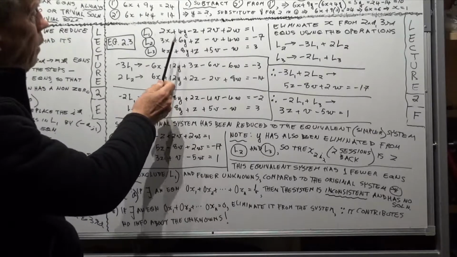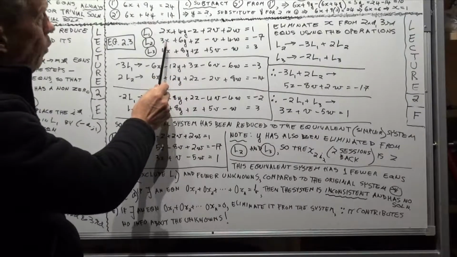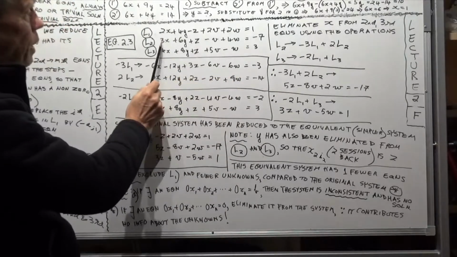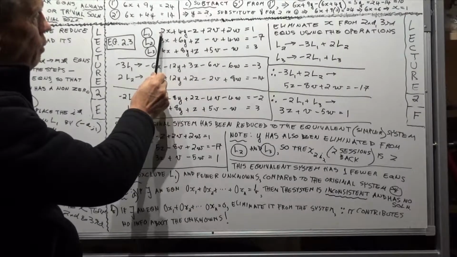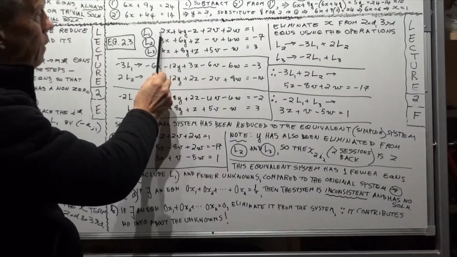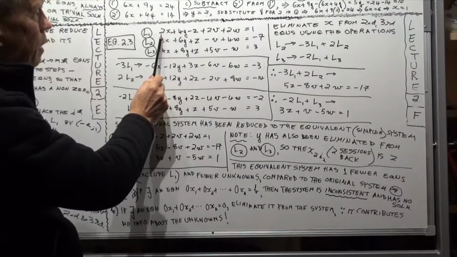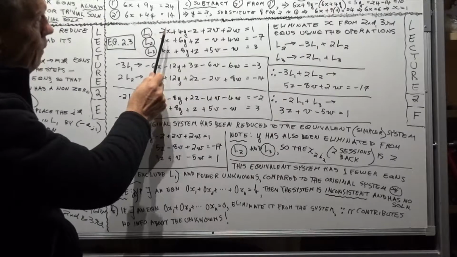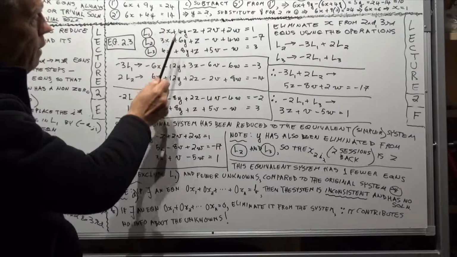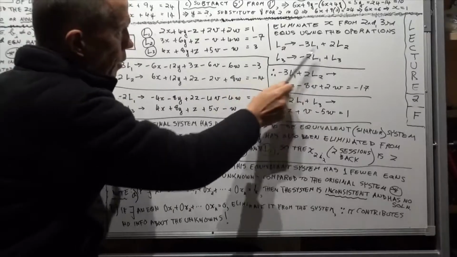If we multiply this whole equation by 2, we'll get 6x here, and if we multiply this whole equation by -3, you get a -6 here. And then we just add.